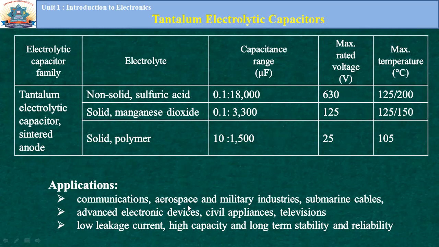Also communications, air force, aerospace, military industries, and submarine cables. Here we can use this type of capacitors. Advanced electronic devices, civil appliances, televisions. Then low leakage current applications, high capacity and long-term stability.